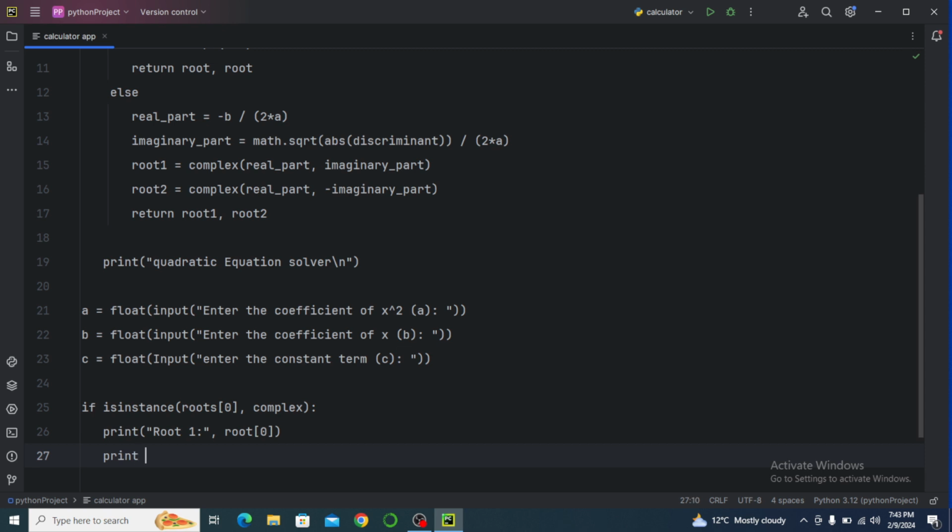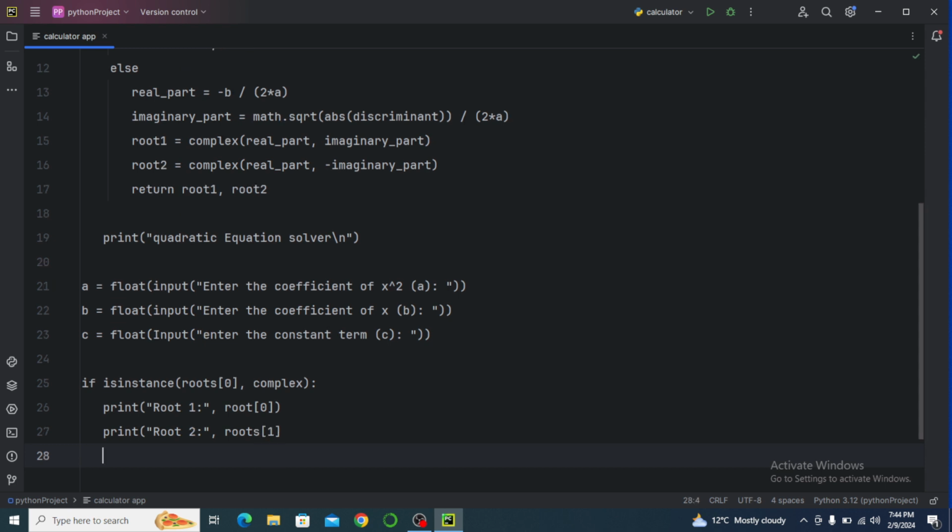Which should also print root of 1. Let me see, am I writing the correct thing? Okay, I think I need to put the S here.